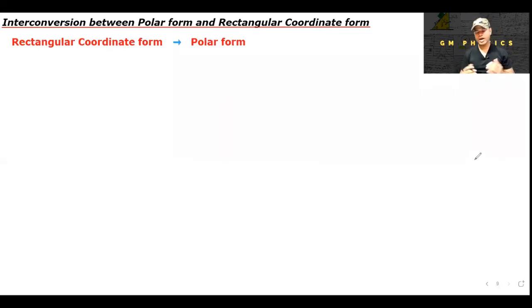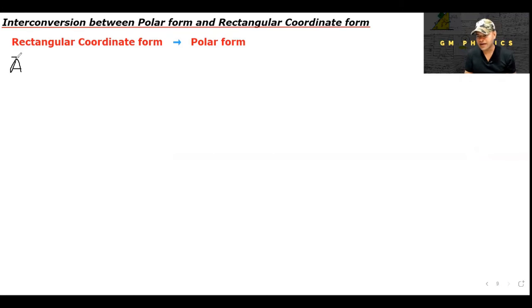All right, now we are going to discuss the second interconversion, that is rectangular coordinate form to polar form. You know that in rectangular coordinate form representation, we express a vector as the sum of its components along x-axis and y-axis. So the general representation of a rectangular coordinate form is something like this.